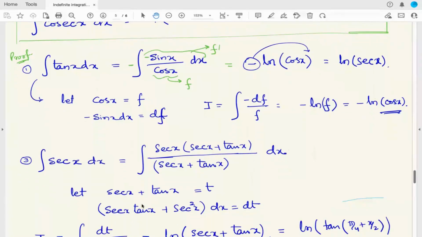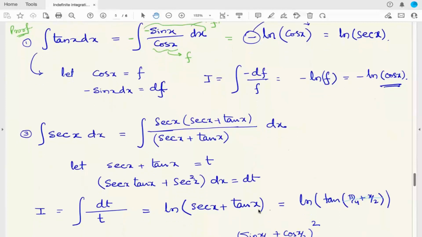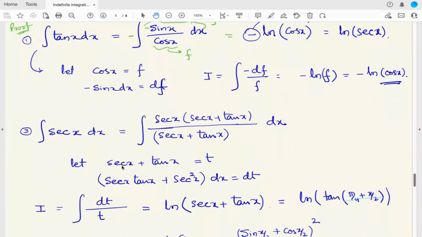We differentiate it. The differentiation of sec x is sec x tan x, and the differentiation of tan x is sec square x, so (sec x tan x plus sec square x) dx is equal to dt. So we get dt by t, and its integration is ln t, and we substitute t as sec x plus tan x. So ln of sec x plus tan x is its integration.